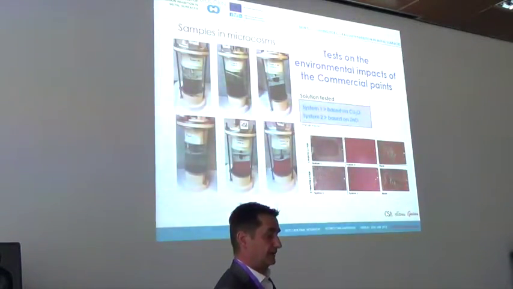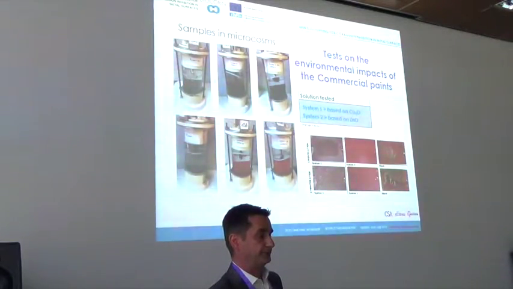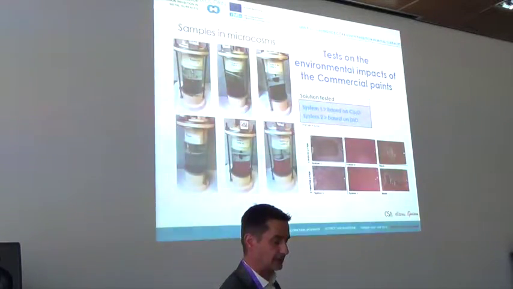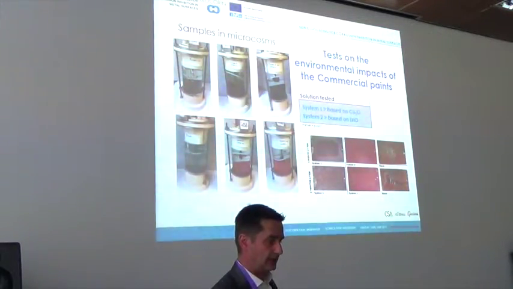After that I will present you the environmental impact test of the commercial paints, 2 systems based on copper oxide and zinc oxide. You can see the samples after 1 month of test.